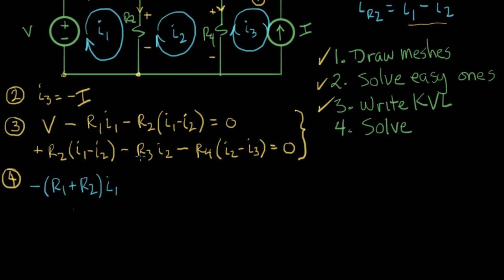And for the I2 term, I2 just shows up once here, so it's going to be plus R2 I2. And that's going to be equal to, let's move V over to the other side, so V becomes minus V over here. So that's our first equation.